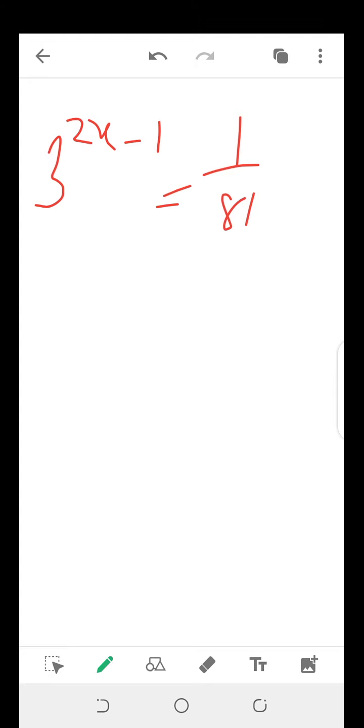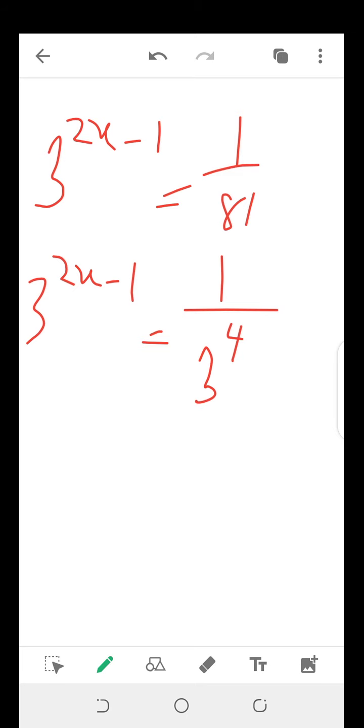All that we need to do is find ways of making the bases the same. We write 3 raised to the power 2x minus 1 is equal to 1 over 81. We can write 81 in index form as 3 raised to the power 4.